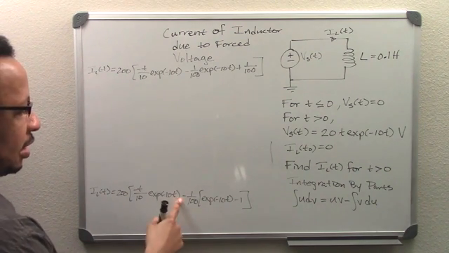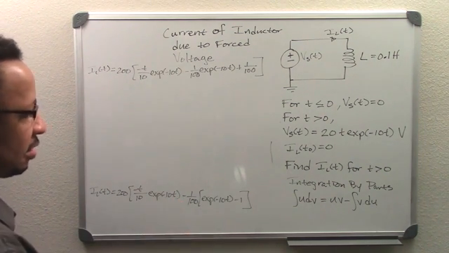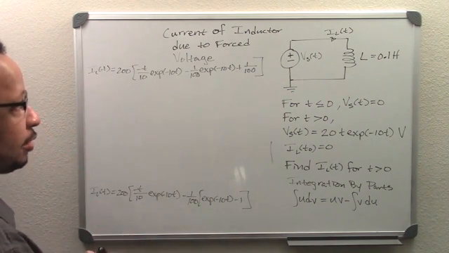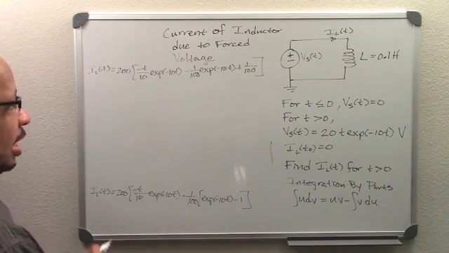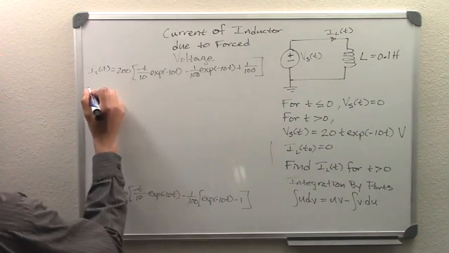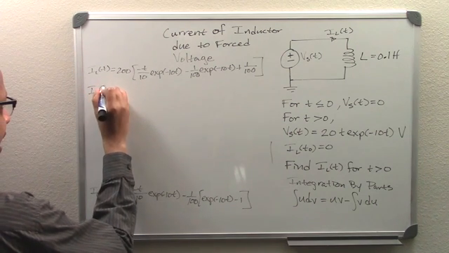Because we have a negative times a negative, which is a positive, and 1 over 100 times 1 is 1 over 100.